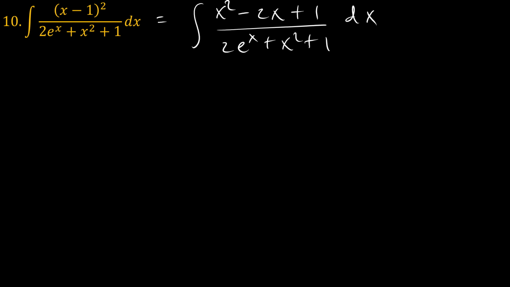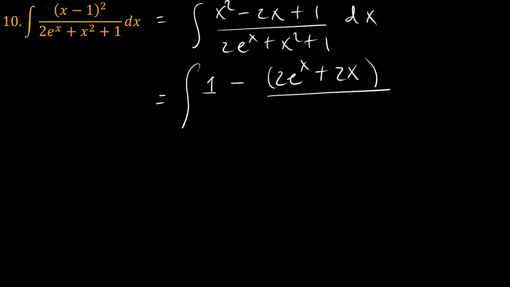And this is the same as 1 minus 2e^x plus 2x over x squared plus 1 plus 2e^x.